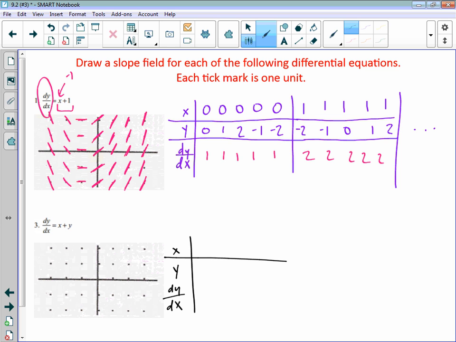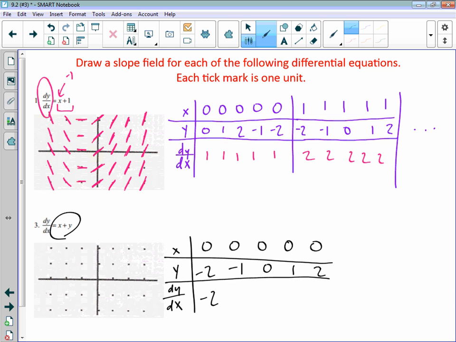I'm just going to start when x is 0 again. And to find dy/dx, you just add the x and the y together. So if I add the x and y together, I get -2, -1, 0, 1, and 2. And then you have to plot those at each of those points.